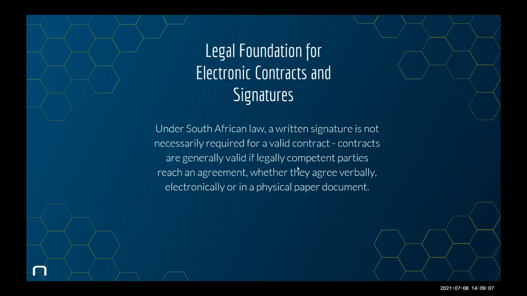So in effect, for electronic contracts and signatures, both parties need to agree that they will sign the agreement by means of an electronic signature. You will also notice that most electronic signature systems will always prompt you: do you agree and accept by signing this document electronically that it is a binding signature? And that becomes part of the record of the signing process.